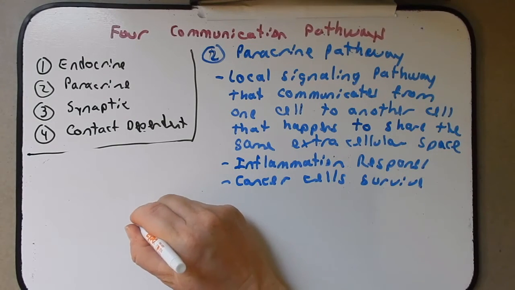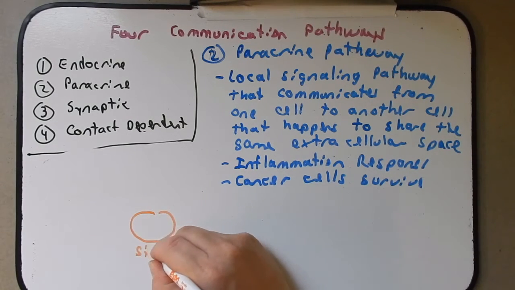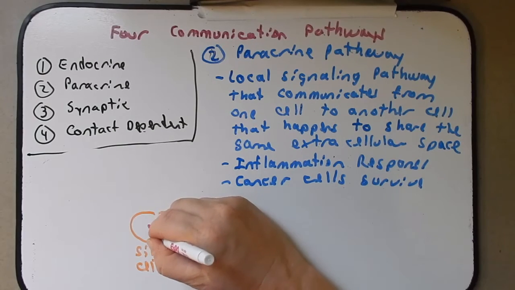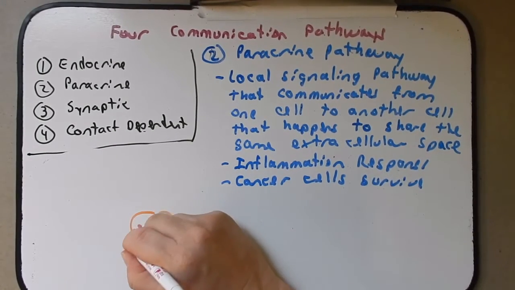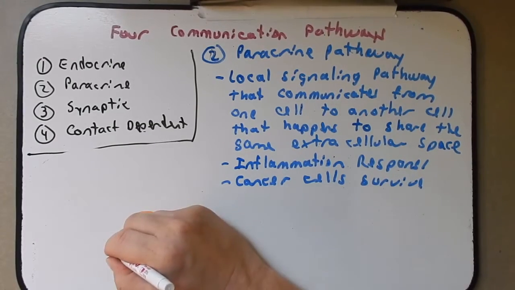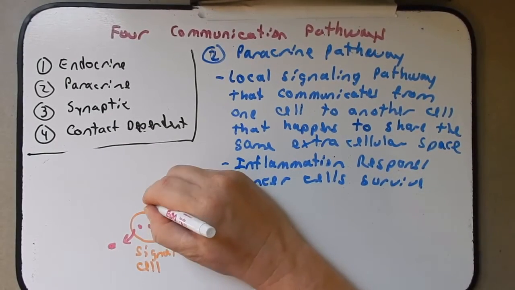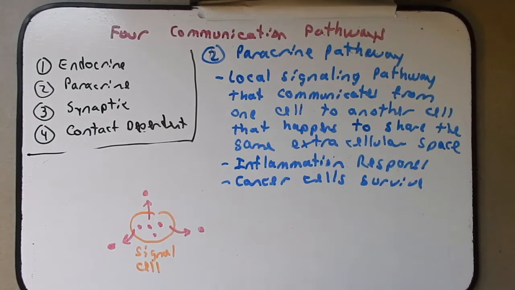So in this example, you would have a signaling cell here that would produce several signaling molecules, and they would be, of course, released. But they don't enter a circulatory system like we saw with the endocrine system. They just enter this extracellular space.